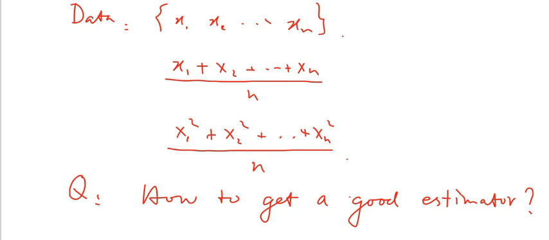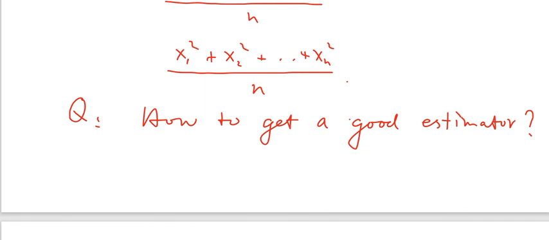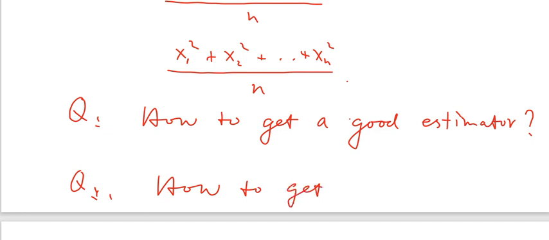Or we can ask the question of how to get the best one, how to get the UMVUE. This is also a big question in mathematical statistics. So we will leave this for next class.